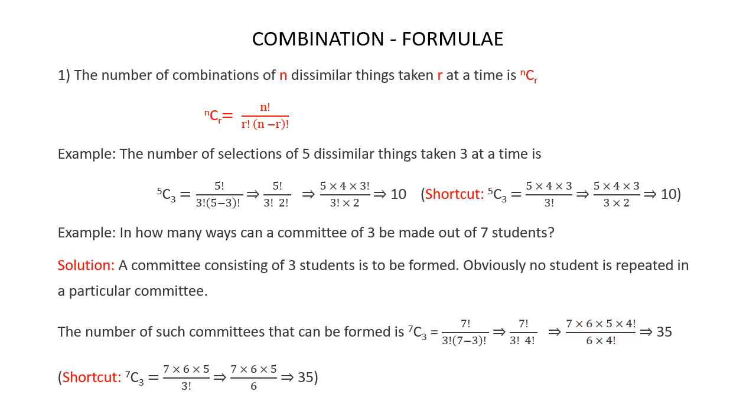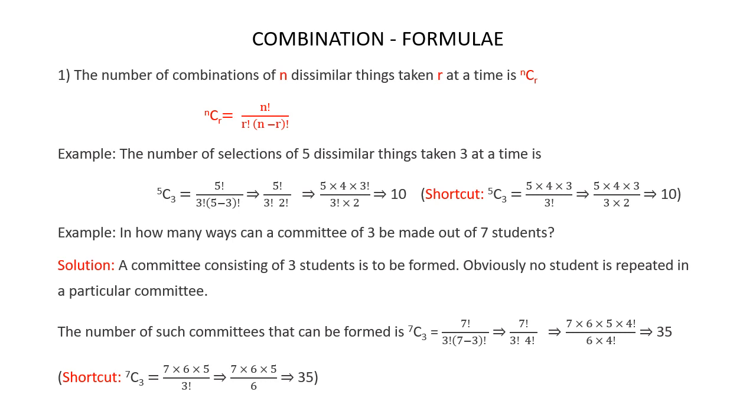The 4 factorial in the numerator and the 4 factorial in the denominator gets cancelled. The 6 in the numerator and this 6 in the denominator gets cancelled, and we get the final answer as 35. So there are 35 ways that a committee of 3 can be made out of 7 students.